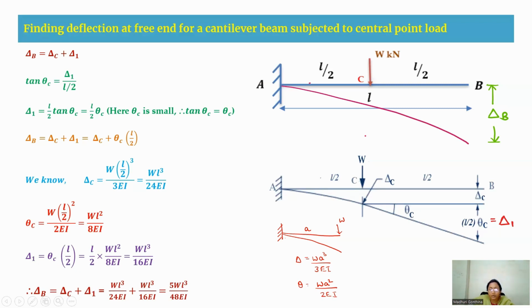After substituting all these values, delta B equals 5WL cube by 48EI. This is the deflection at the free end when you have a point load at the center. So I am directly using this formula, 5WL cube by 48EI.